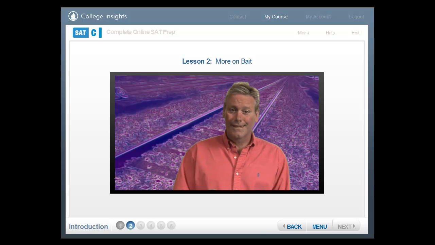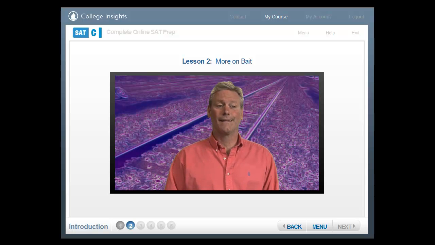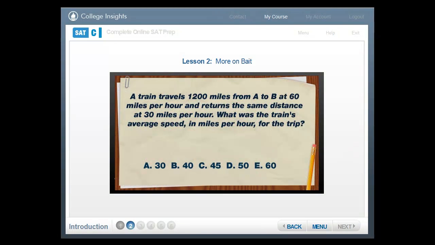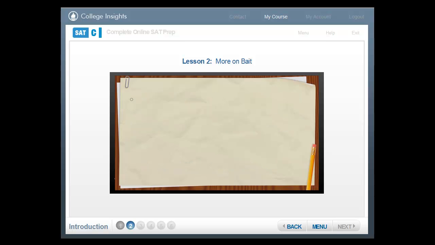And actually, if you were to do this question the traditional math way, it's not that difficult. Let me show you how to do this. The actual way that you would solve this mathematically would be to decide how long it took him to do the first part. So he's going 1,200 miles at 60 miles an hour, and that will take him 20 hours.